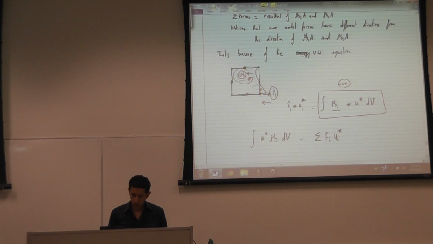So basically we replace this distributed body force multiplied by this distributed U star displacement with equivalent forces on the nodes multiplied by this ui star, and that's when it turns out that for this particular loading and for this particular U star, this horizontal displacement, this work is negative, and so that's why F1 turns out to be negative.